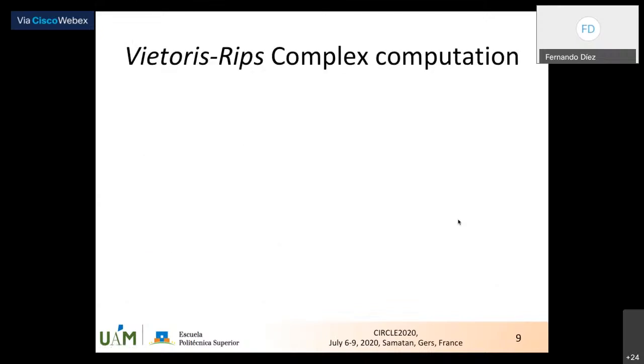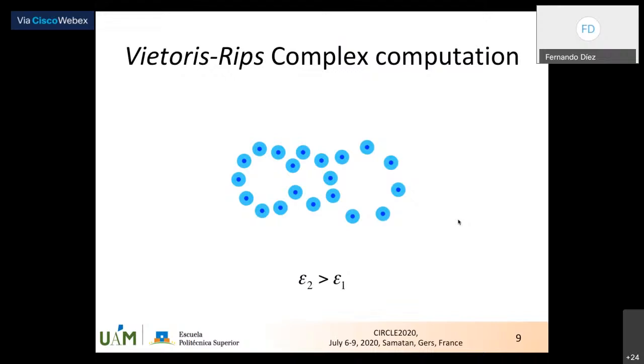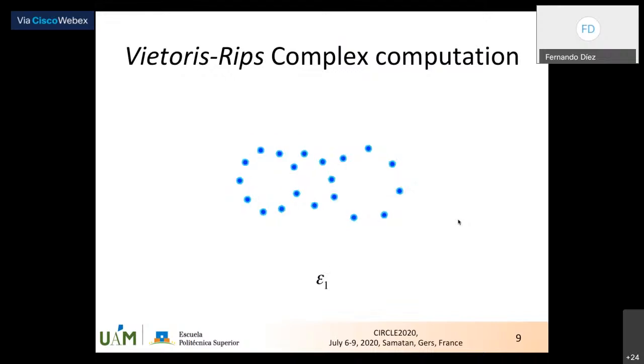To compute simplicial complexes, one quite simple way corresponds to the so-called Vietoris-Rips complexes. Starting from the points that represent our data, we draw a sequence of balls of increasing radius, observing the evolution of the simplices that are formed, their connectivity, the holes, etc. In this case, we have balls of radius epsilon 1.